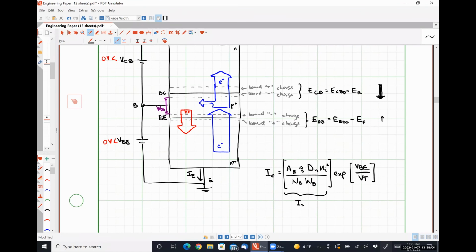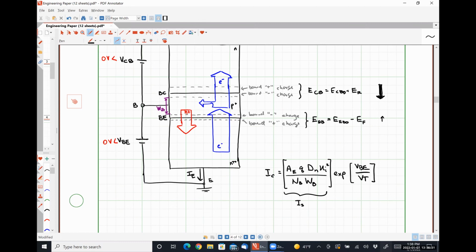Okay, so our collector current IC here, ignoring the early effect, shows that our collector current is independent of the collector base voltage VCB, right?